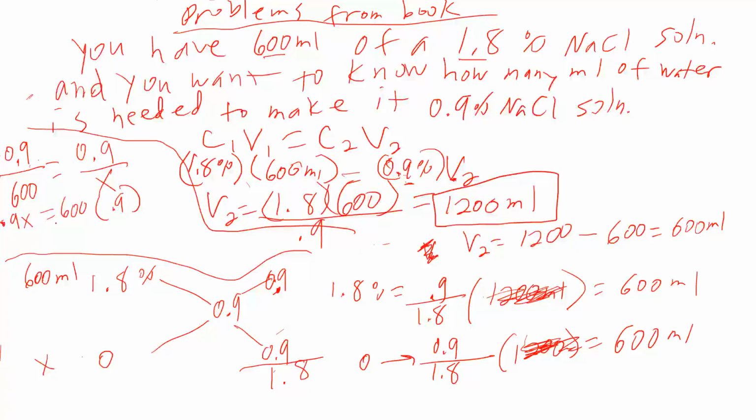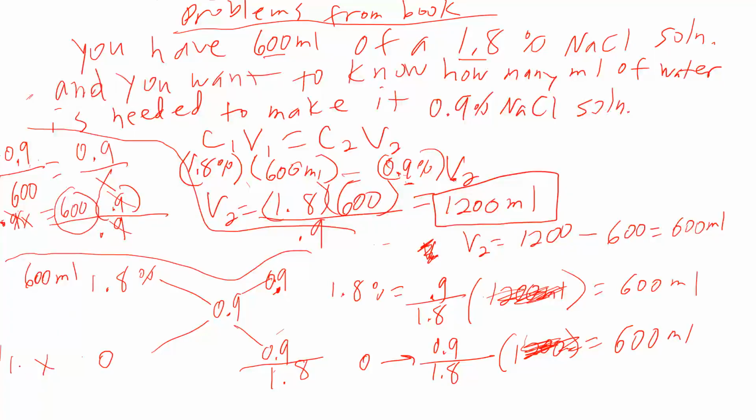So X equals this divided by 0.9, right? When we solve for X, you can see that 0.9 just crosses out, and we're left with 600.